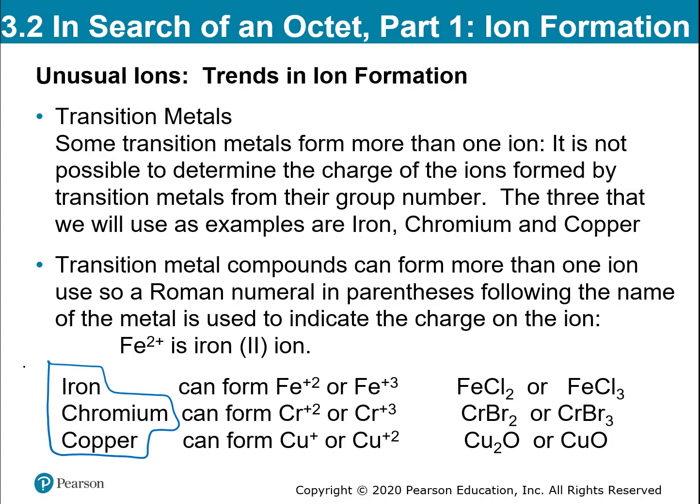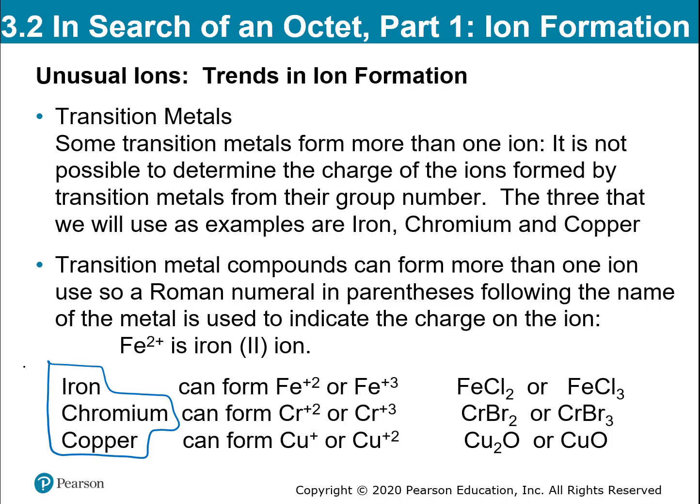These are the 3 where you have to know their symbols anyway, which I gave you back in chapter 1. Iron, which is Fe, number 26; chromium, Cr, number 24; and copper, Cu, number 29.